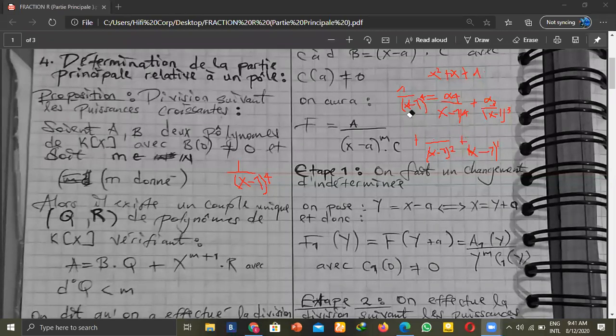This is its form: lambda 2, not lambda, alpha 1. Now we have to find this value, this value, this value, this value.